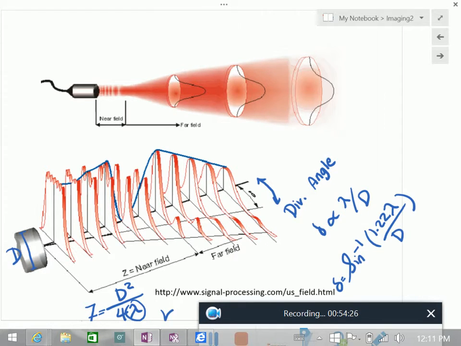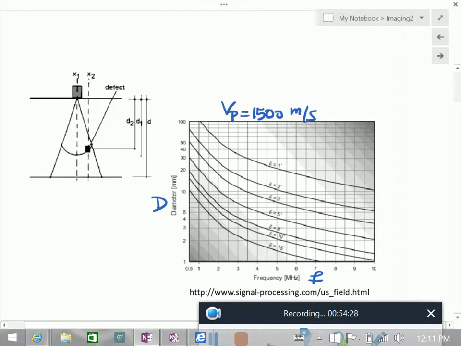Now, because of all the questions you ask, I'm glad that I have this example. Now let's calculate and see what these numbers are for the type of measurements we have done. Let's just take 200 kilohertz P-wave transducer.